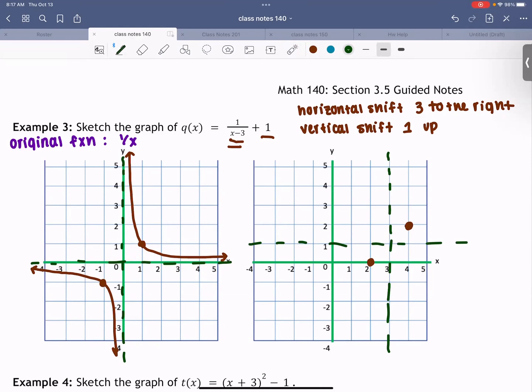So same thing as we've been doing with the functions, except you're also shifting the asymptotes as well. Once we have our points drawn and our asymptotes, we can complete the shape of our graph. And it looks like this. So we're just combining our knowledge of horizontal and vertical shifts together.